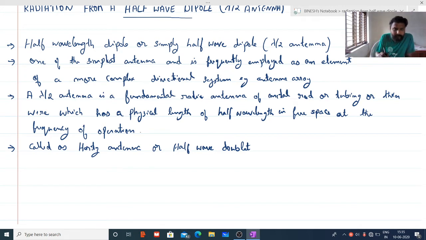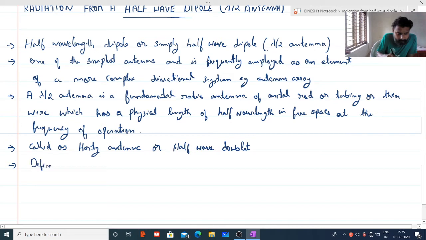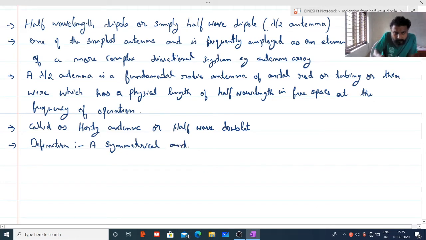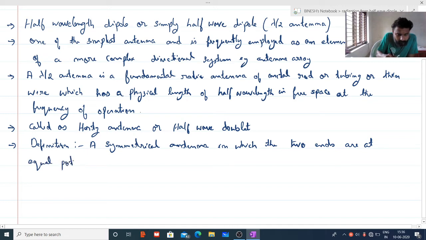So we can define a dipole antenna. In general, a dipole antenna may be defined as a symmetrical antenna in which the two ends are at equal potential relative to the midpoint.